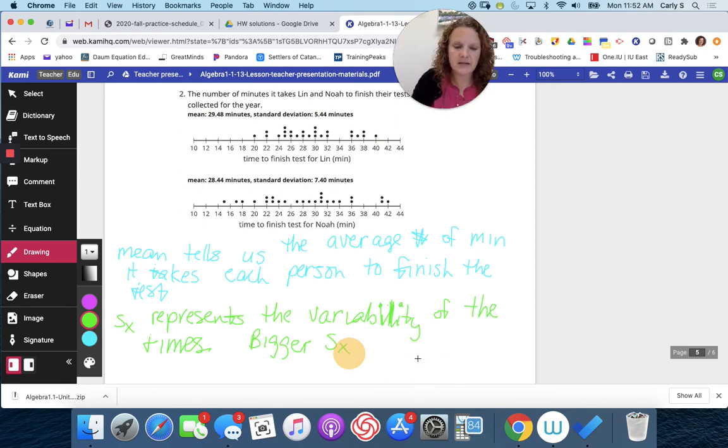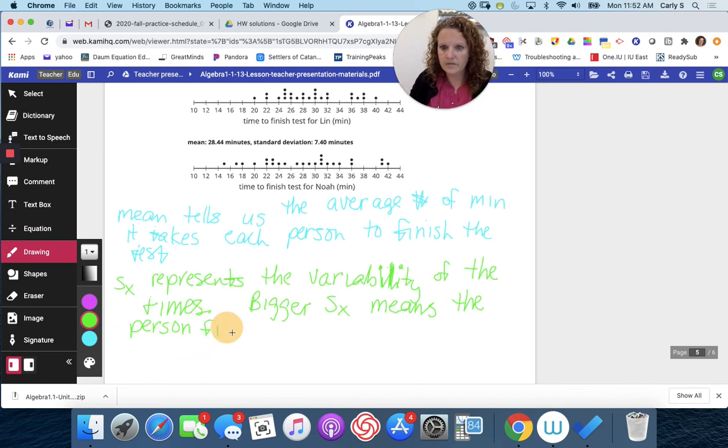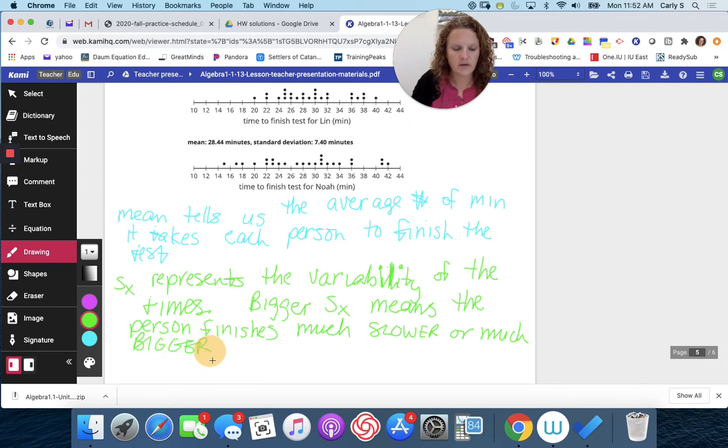A bigger standard deviation means the person finishes much slower or faster.